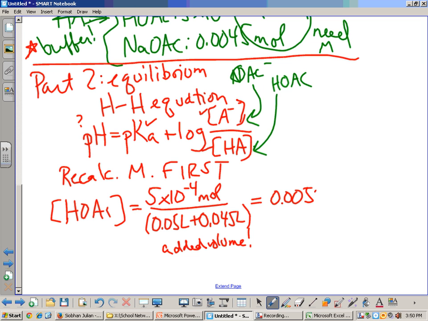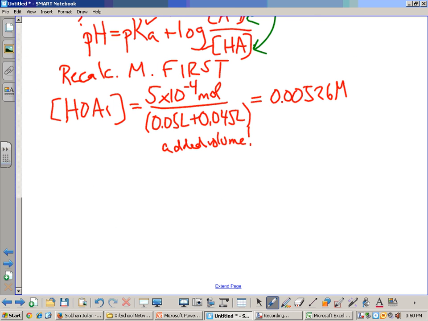So doing this math out, we get a concentration of acetic acid of 0.00526 molar. What you've done is recalculate the concentration of your weak acid after some of it was neutralized by adding the base. Now we're going to calculate the concentration of the acetate. The acetate is 1-to-1 with the sodium acetate, so whatever I calculate for the acetate is going to be the same for the sodium acetate.